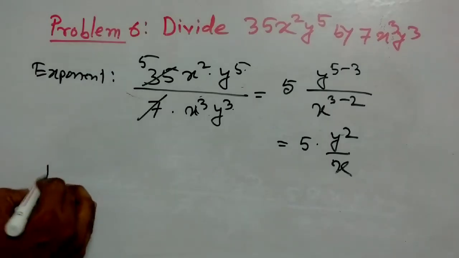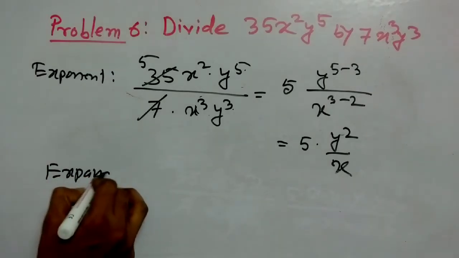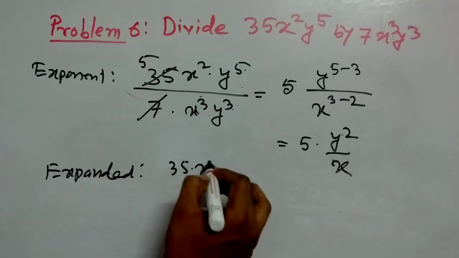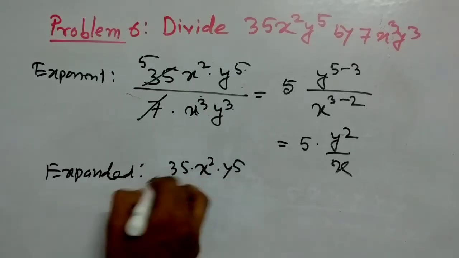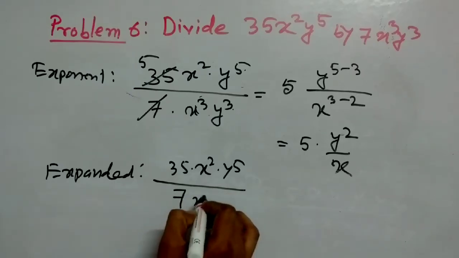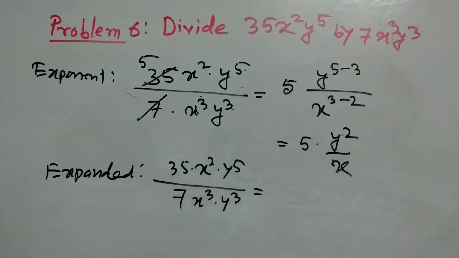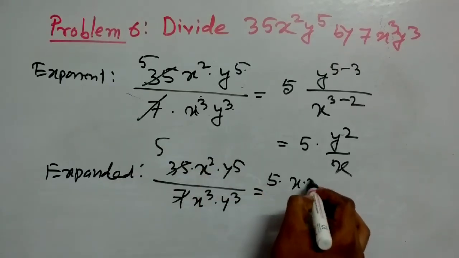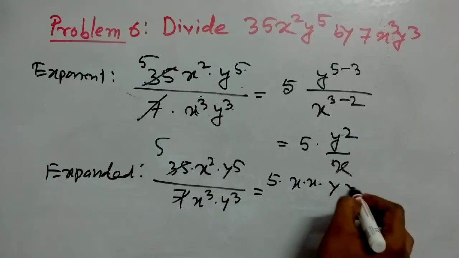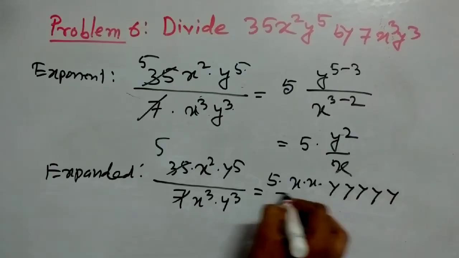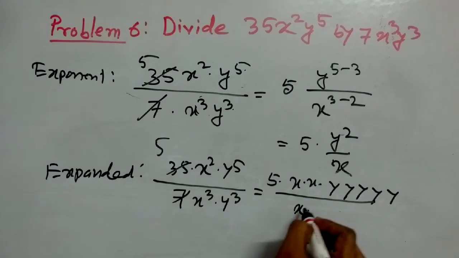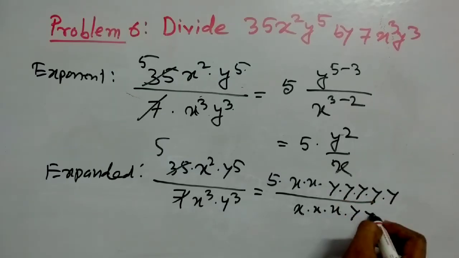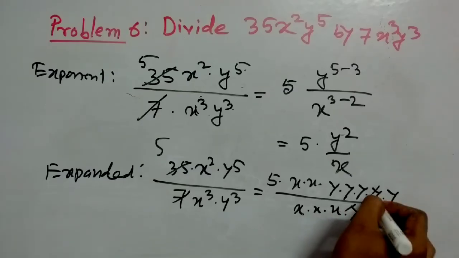Let's go for the expanded method. So 35 x to the power 2 into y to the power 5 divided by 7 x cube y cube. It is equal to, first of all 5 into x, y is 5 times, 1 2 3 4 5, and here x, and here y is 3 times.